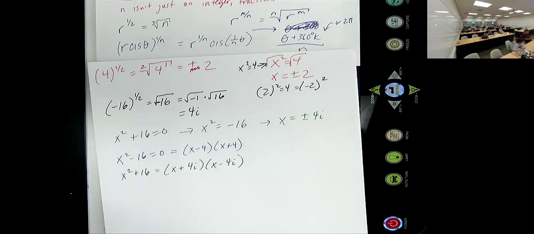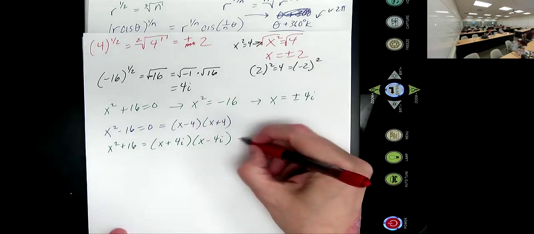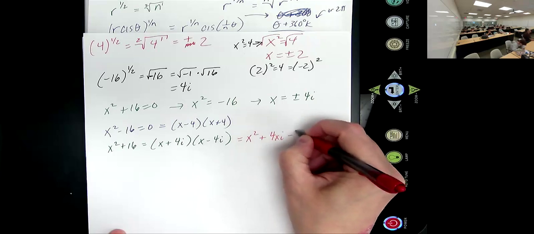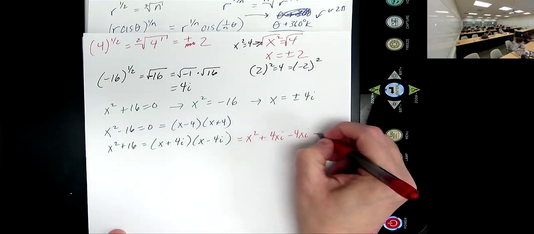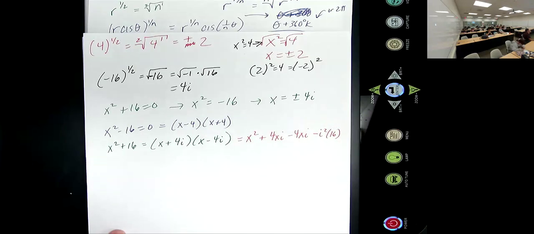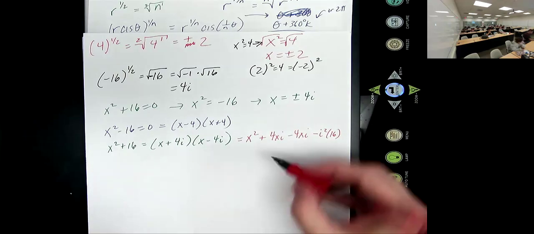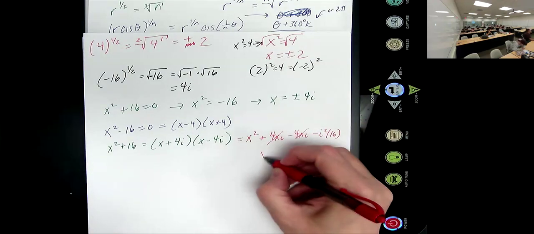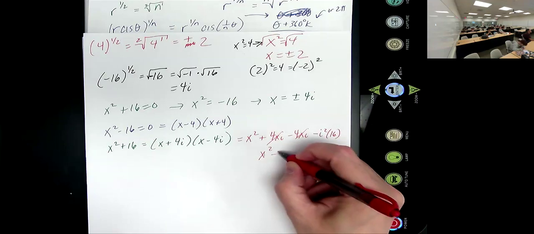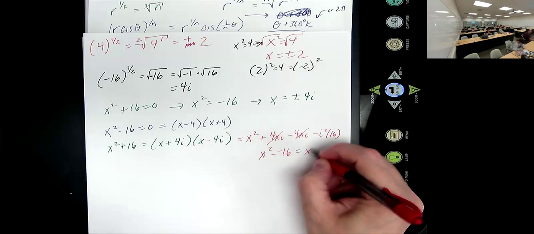You'll see if you multiply this out, you get x squared plus 4xi minus 4xi minus i squared times 16. Those cancel, right? And the i squared is negative 1, but we're subtracting it, so negative negative 16, that is x squared plus 16.